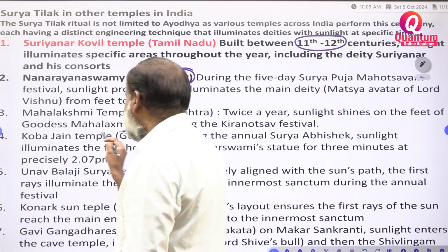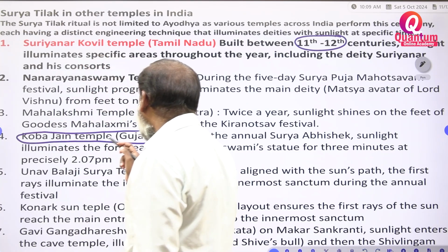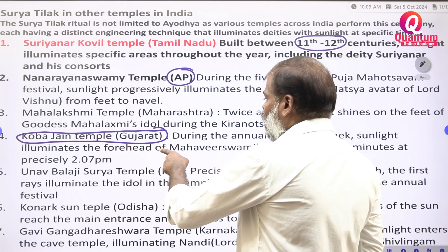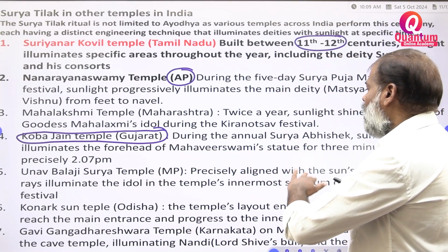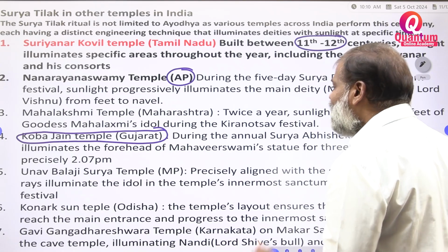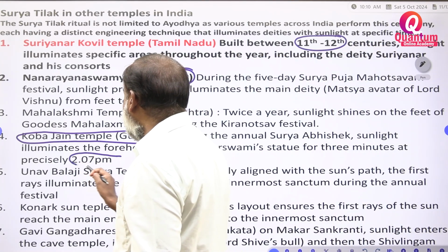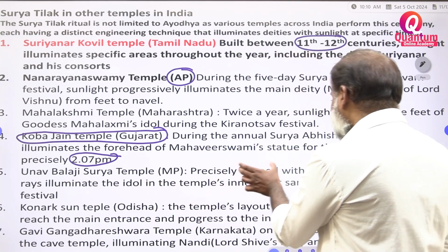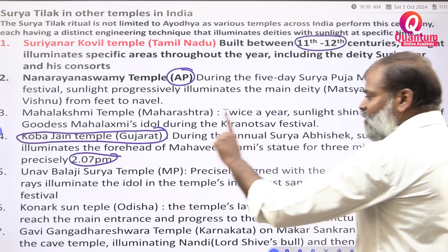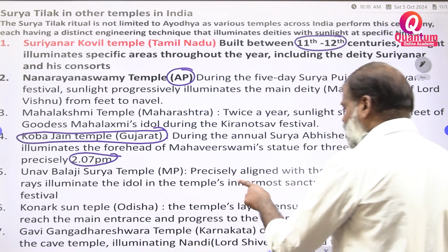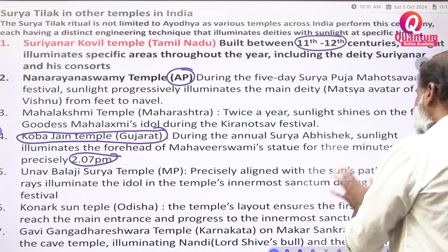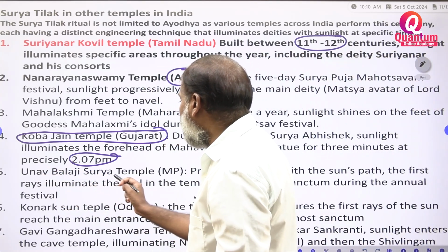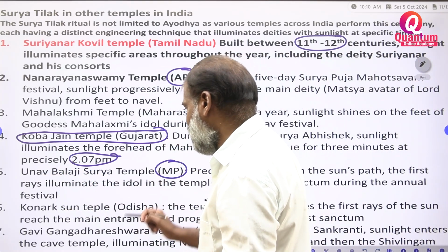Koba Jain temple, Gujarat, this is a very interesting temple: during the annual Surya Abhishek, sunlight illuminates the forehead of Mahavira Swami's statue for 3 minutes at precisely 2:07 p.m. Unai Balaji Surya temple, Madhya Pradesh: precisely aligned with the sun's path, the first ray illuminates the idol in the temple's innermost sanctum during the annual festival.